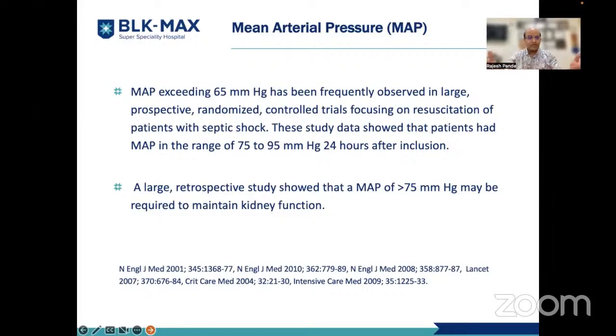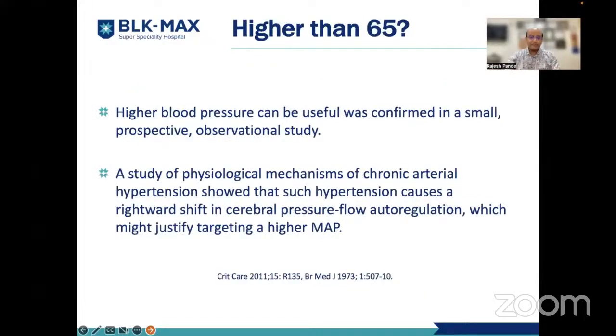So it's not uncommon to have a higher MAP even in these high-class research settings. Then we had a large retrospective study published in Intensive Care Medicine, which showed that a MAP of more than 75 millimeters of mercury may be required to maintain kidney function. So should it be higher than 65? That is the big question.